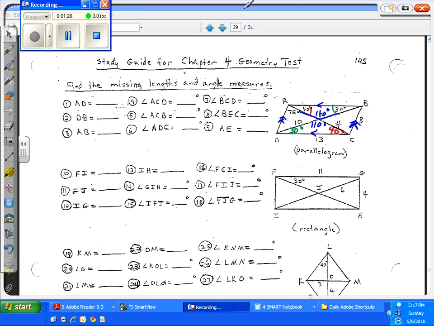Again, a straight line is 180, so if we take this straight angle, which is 180, minus the 110, we get this angle being 70, and the one vertical to it is 70.